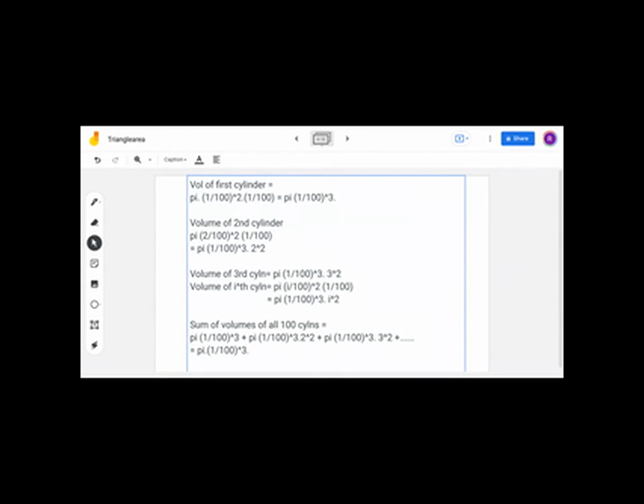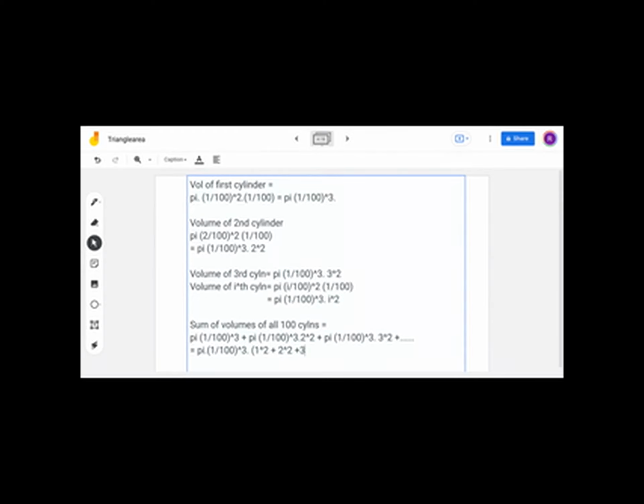And I will get that multiplied by 1 squared plus 2 squared plus 3 squared up to 100 squared. Is 1 squared plus 2 squared plus 3 squared till 100 squared the same as 1 plus 2 plus 3 up to 100 whole squared?